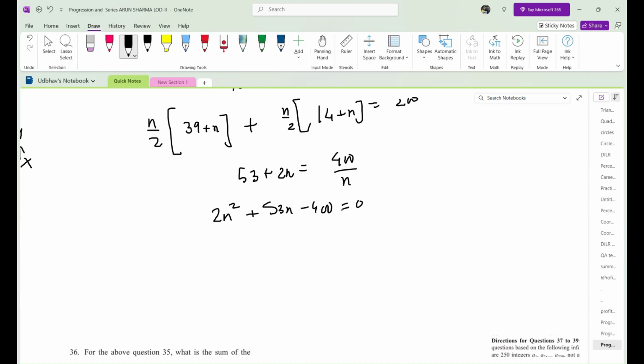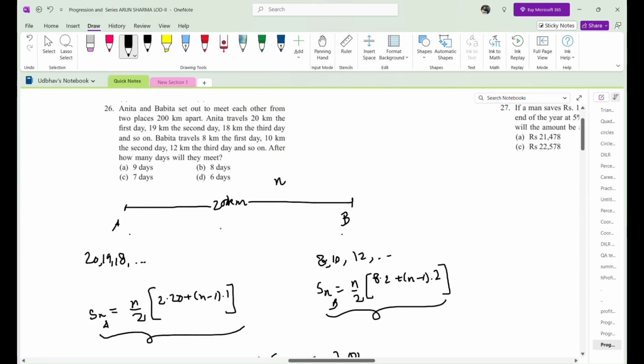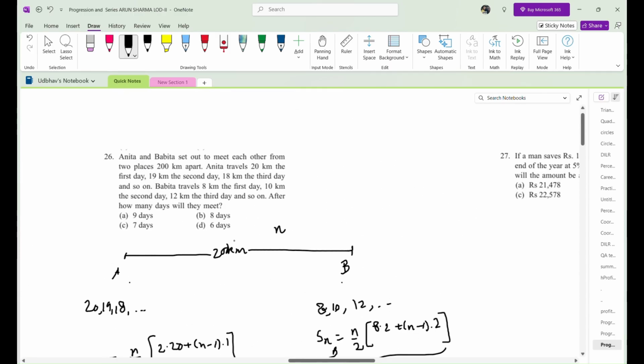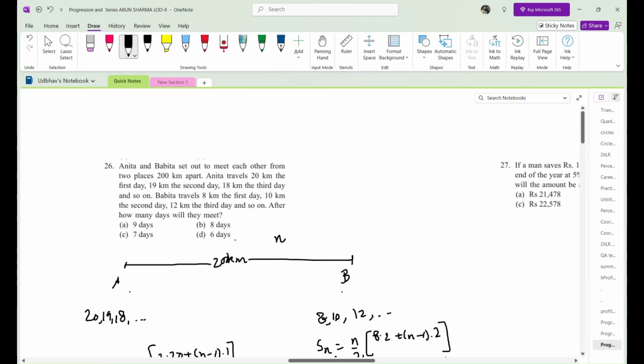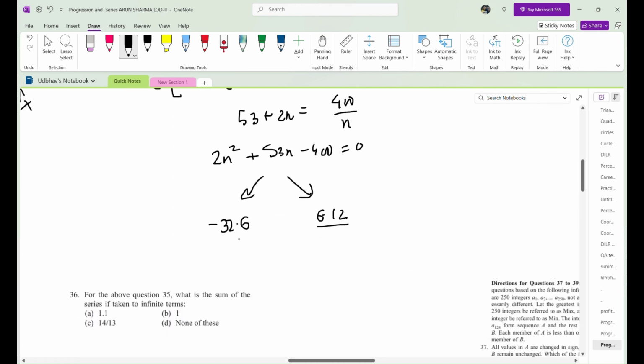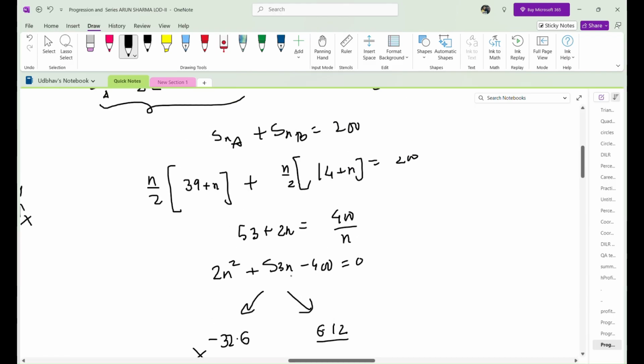So we get two values of n. One value is around minus 32.6 and another value is around 6.12. This n is the number of days, so it cannot be negative, right?